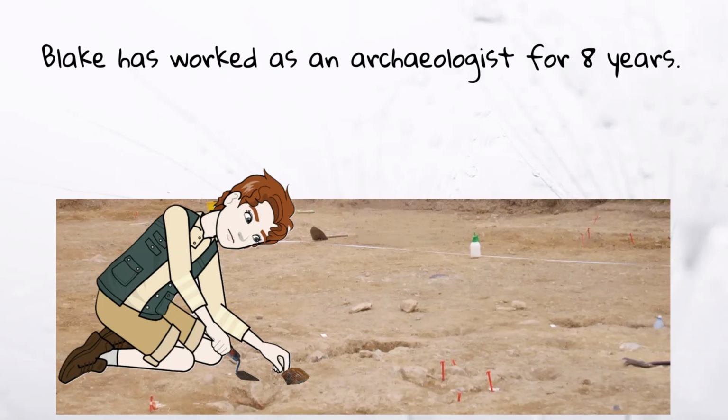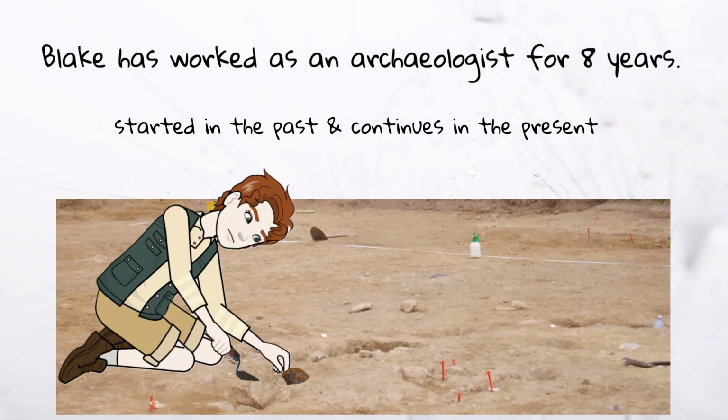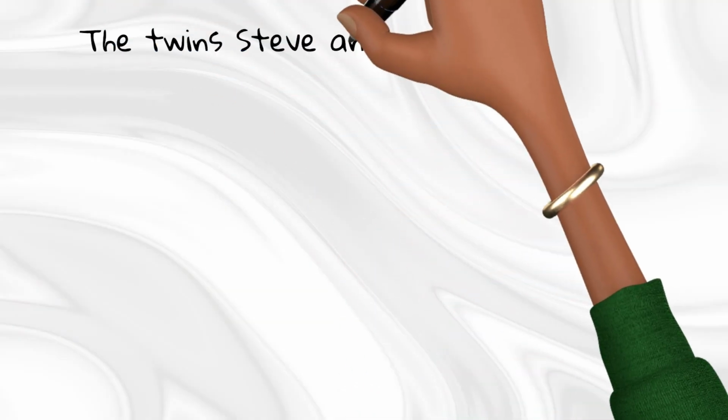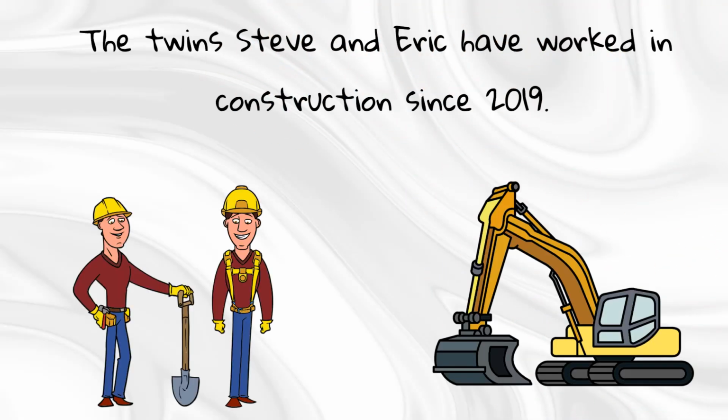Yes. Started in the past and continues into the present. Correct. And the last one. The twins, Steve and Eric, have worked in construction since 2019. That too started in the past and continues into the present.